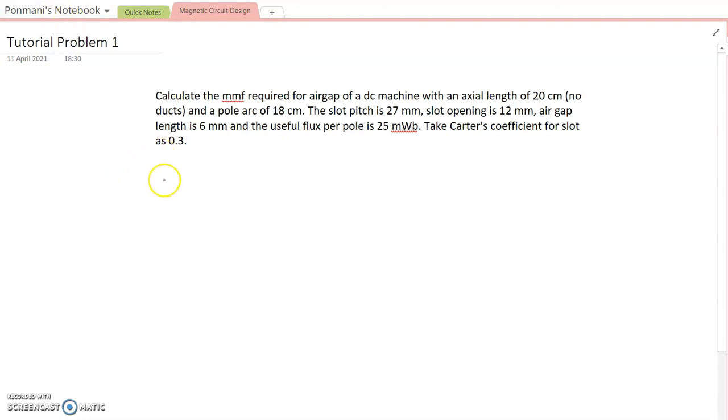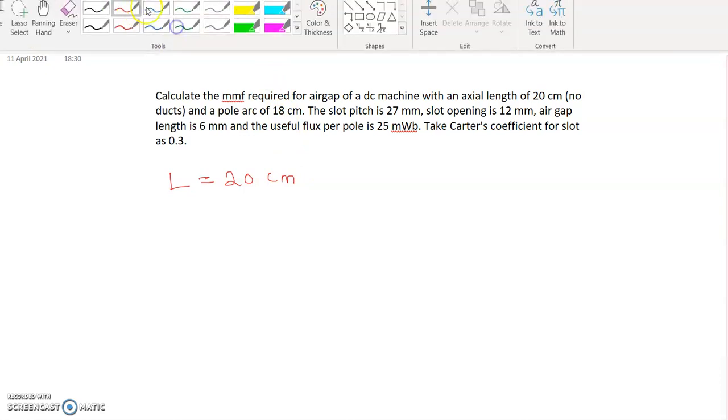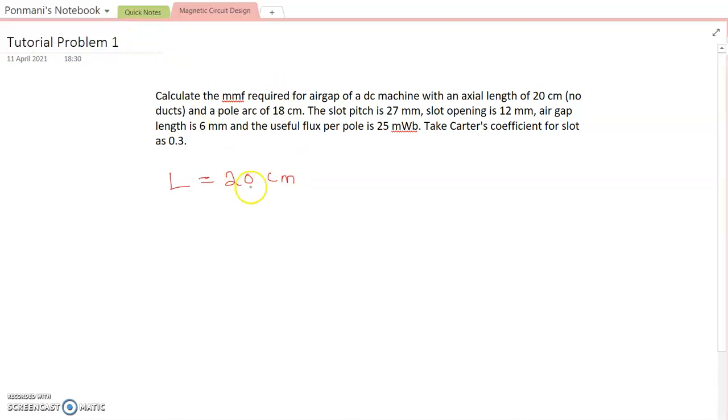The first data given is the axial length of the armature. L is equal to 20 centimeters. Pole arc is given as 18 centimeters.